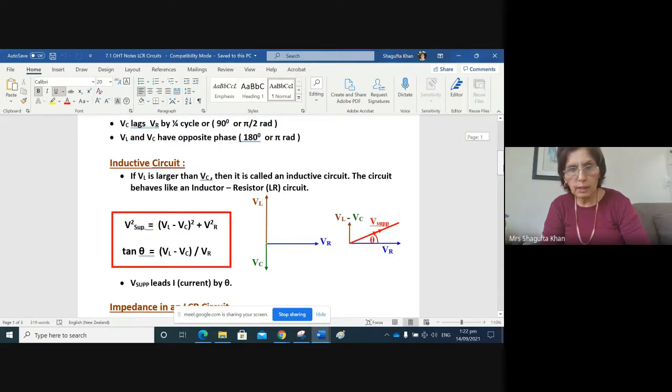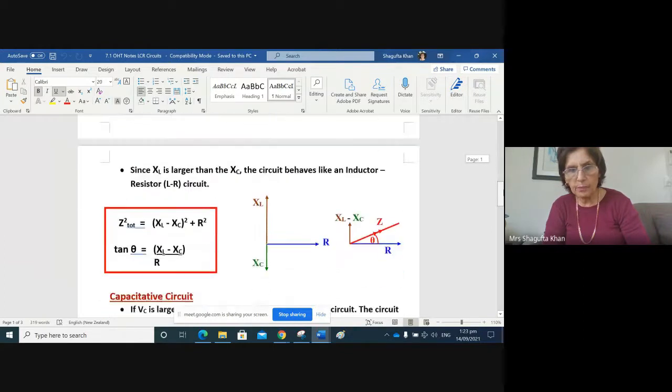So if we look at what we call vectors or phasors, generally VL or VC is represented here, and VR is over here. And similarly, XL, that's the reactance of the inductor, and the capacitor are shown over here, and the resistance is over here. So if XL is larger than XC, it will be an inductive circuit.